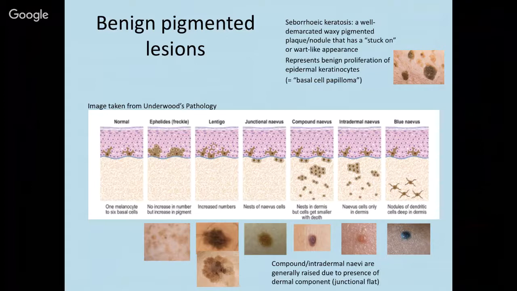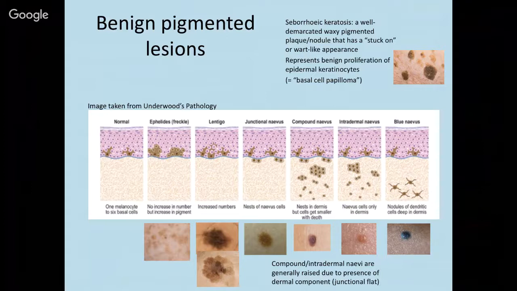When the nevus cells extend down more deeply into the dermis, as well as being at the dermo-epidermal junction, it's called a compound nevus, so it's both. And it becomes more raised, because whenever you've got a dermal component, it's associated with a more raised lesion, and it's still pigmented. Then sometimes you can lose the nests at the dermo-epidermal junction and just have them in the dermis. It's still raised because you've got a dermal component, but the nest cells are deeper, so you don't see the pigment, and it becomes more skin coloured.